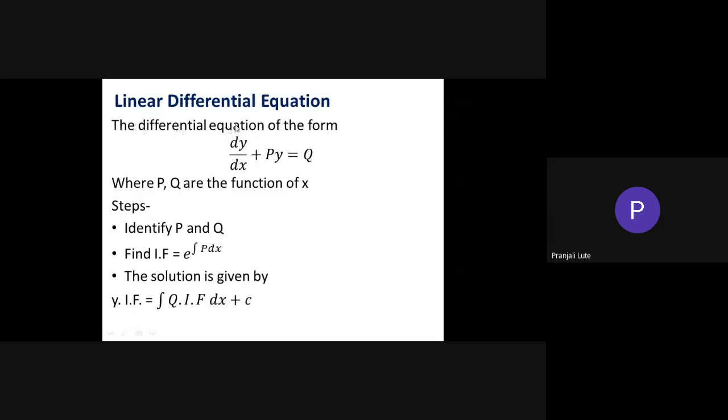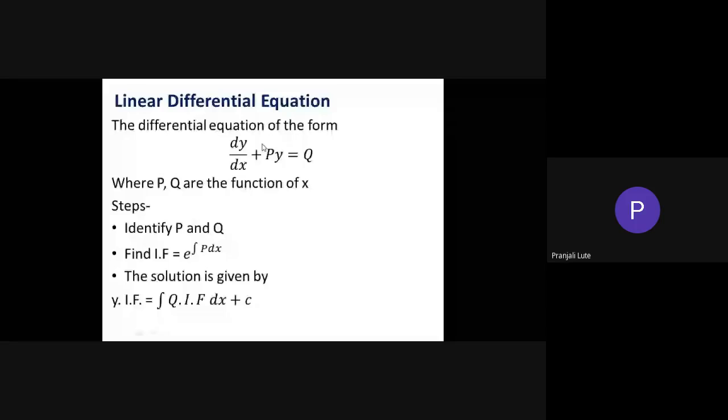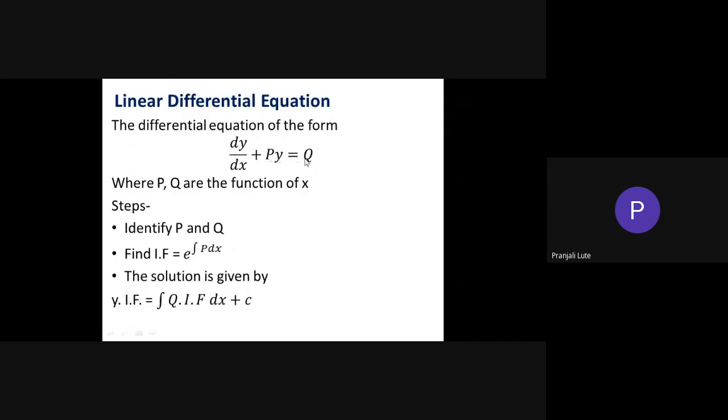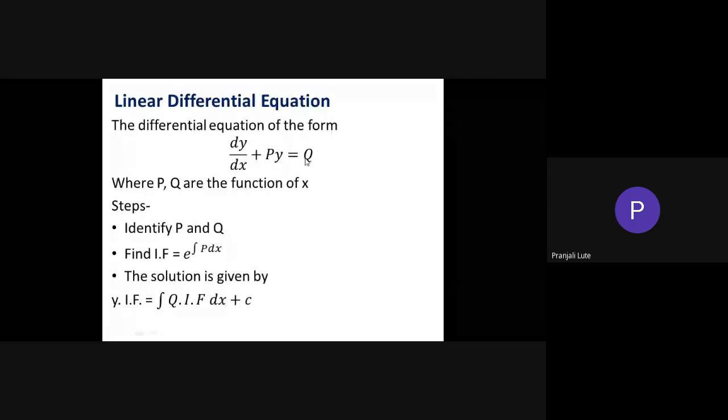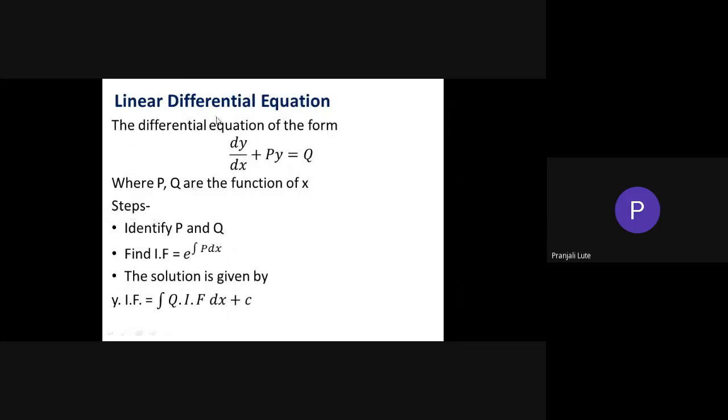The differential equation is in the form dy by dx plus Py equal to Q. This is the linear differential equation. And here is having Py. That's why P and Q are always a function of x, means P and Q are always in terms of x.